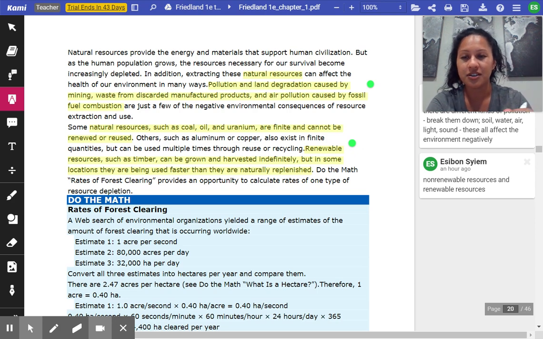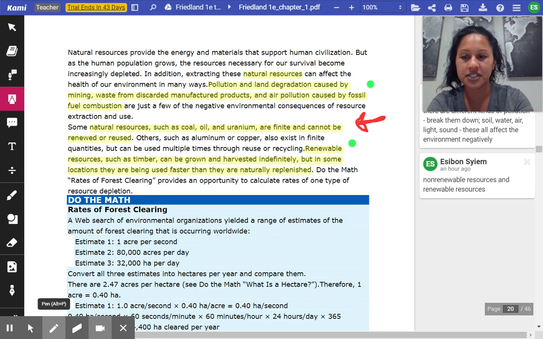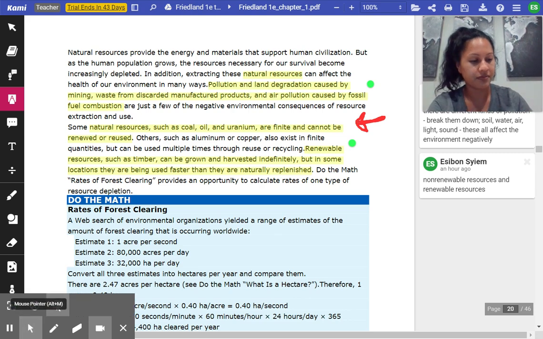Here we can see that coal, iron, and uranium are non-renewable. Non-renewable resources cannot be renewed. So when we run out of that resource, we will not have any more.